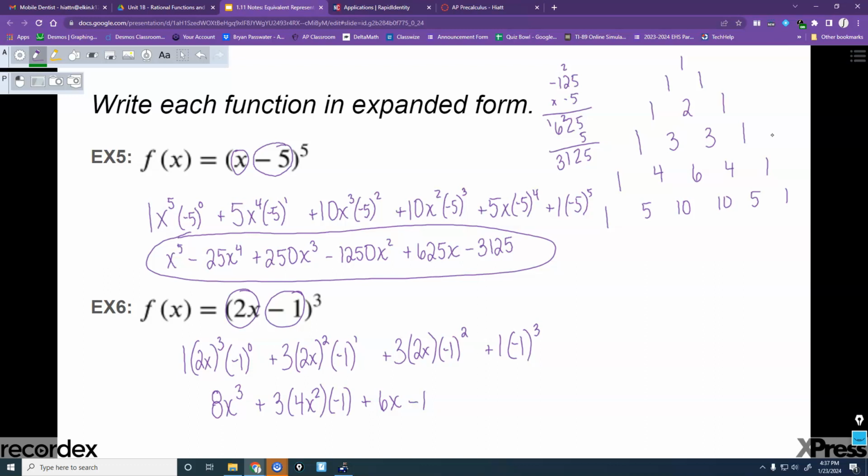If we just finish out this little piece, let's go over here. We will get 8x to the third, minus 12x squared plus 6x minus 1. And that would be equivalent to what we started with here.